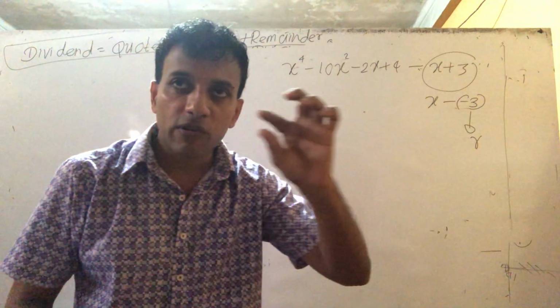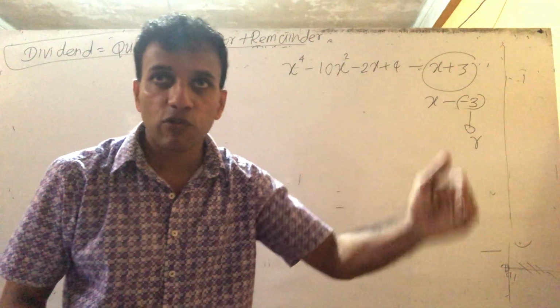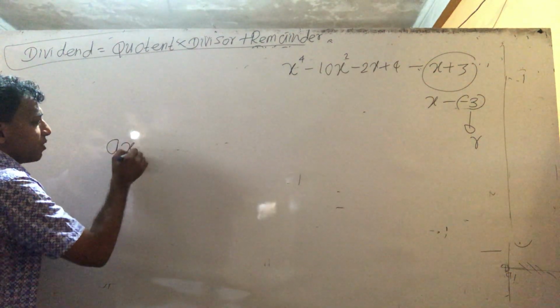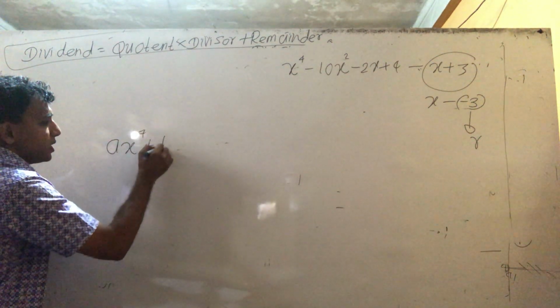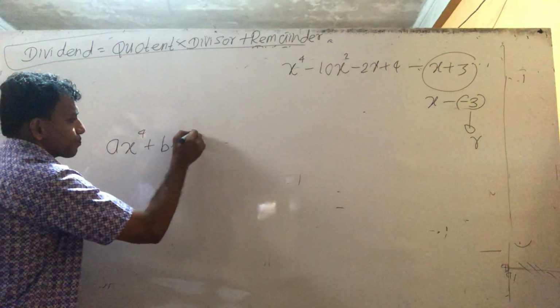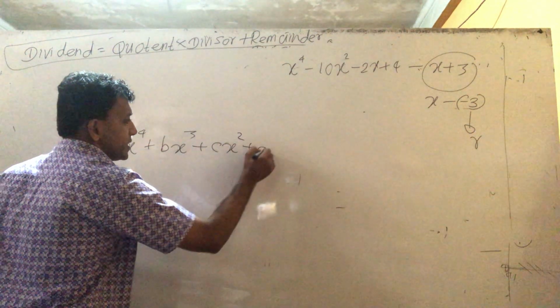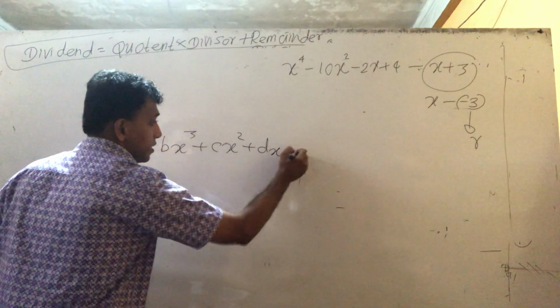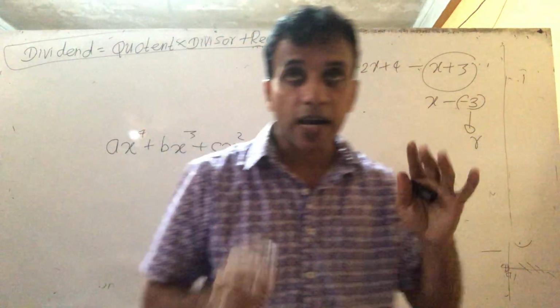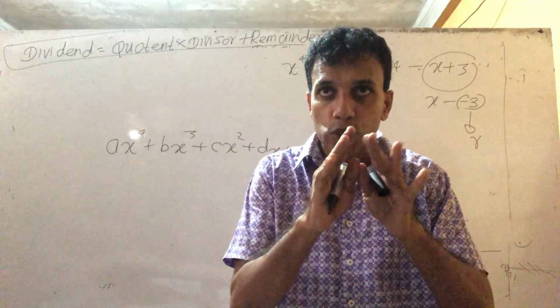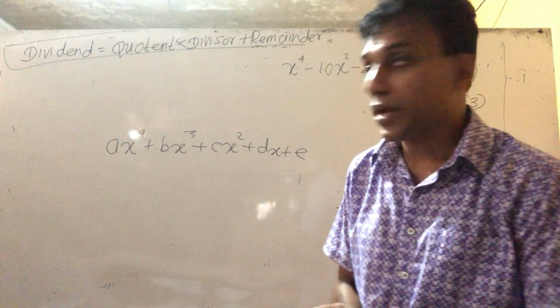The general form of a power 4 polynomial is ax to the power 4 plus bx cube plus cx square plus dx plus e. In the previous video I started from the polynomial types. Stop this and go through and see how I showed that polynomial writing method.